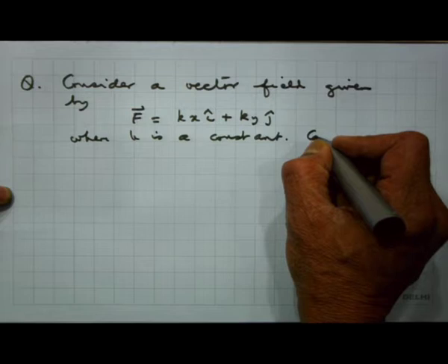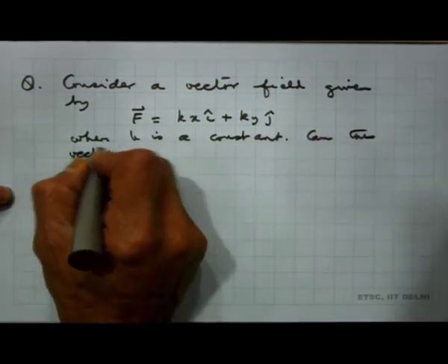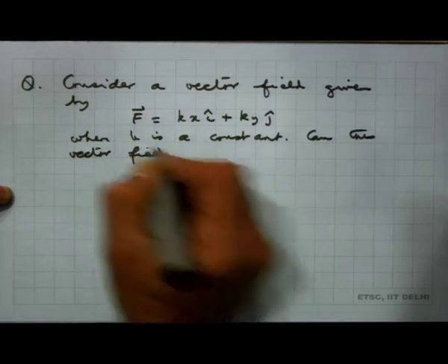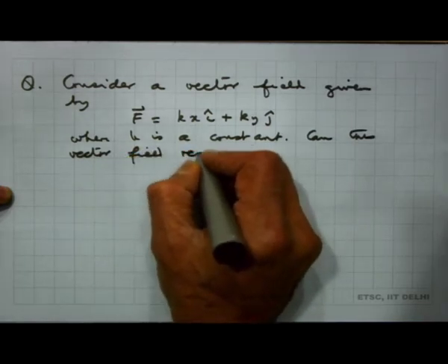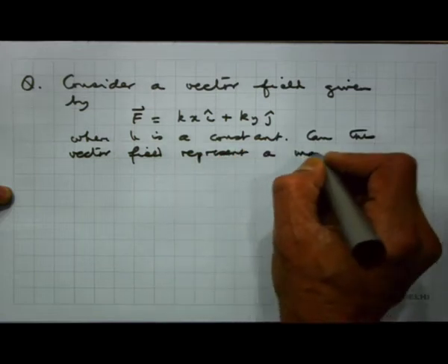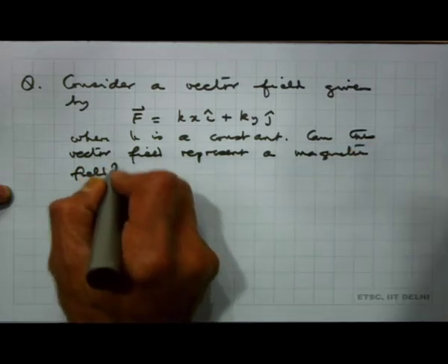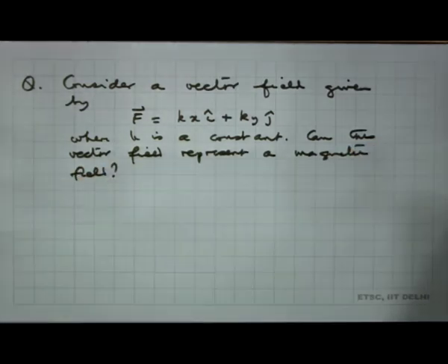Can this vector field represent a magnetic field? So, we have a vector field given by F is equal to k x i cap plus k y j cap, and the problem is to find out whether such a field can represent a magnetic field.